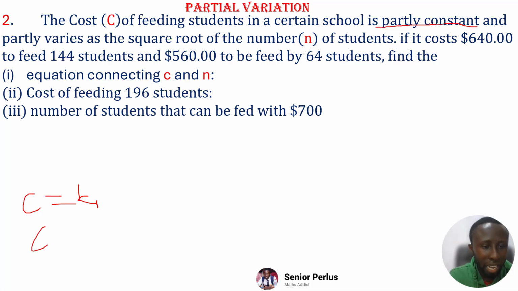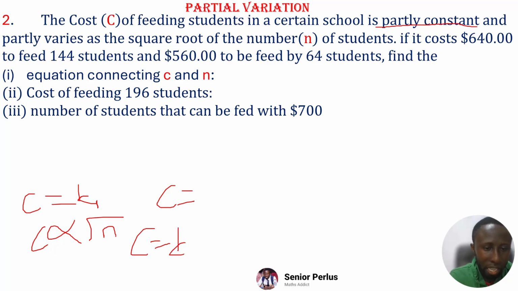And partly varies as the square root of N. So this can be written as k times root N, and this makes it a partial variation, because only in partial variation do we have two constants.